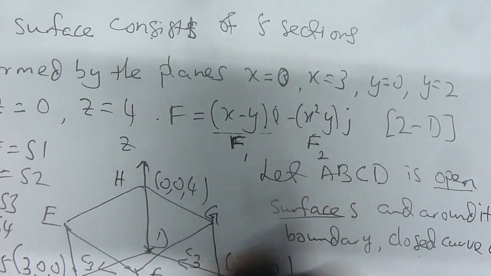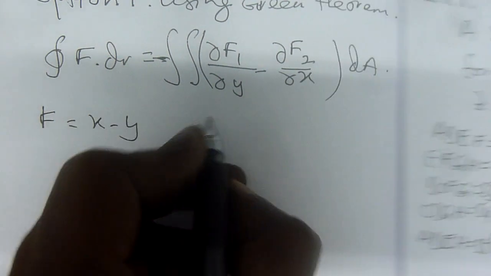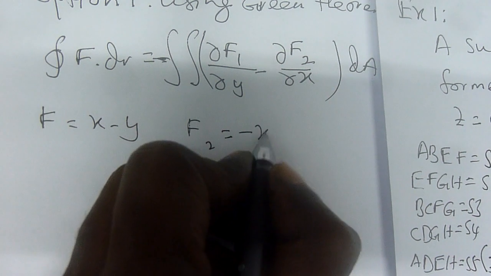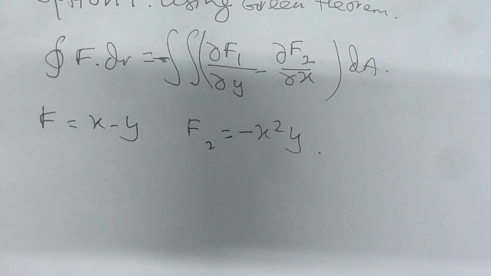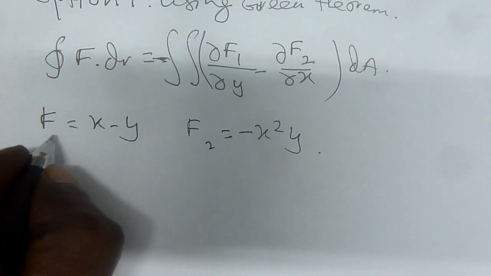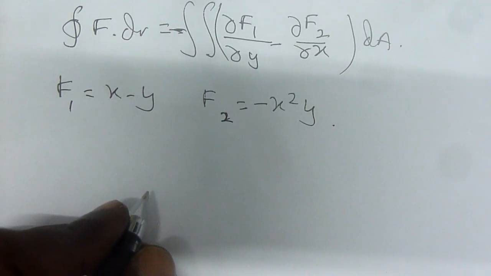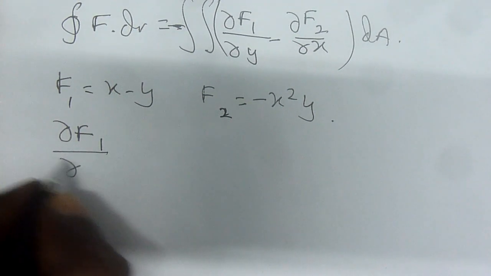What is F1? What is F2? F1 is x minus y, and F2 is negative x squared y. Now can I perform del F1 del y?